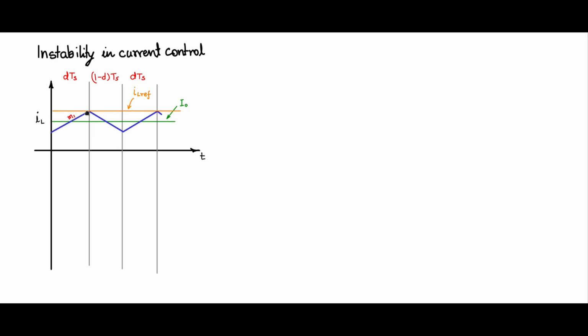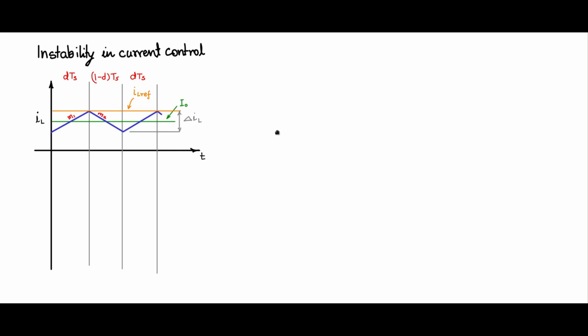So M1 is nothing but delta I by delta T during that time, which is the voltage during that time divided by the value of L. And then here on the downslope also you have M2. So let me indicate that peak to peak is the ripple current delta IL.